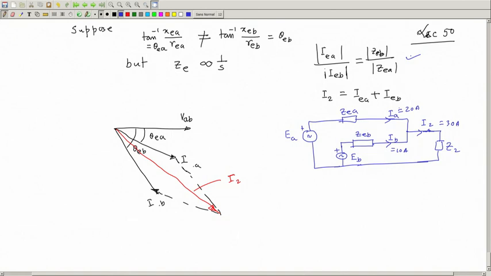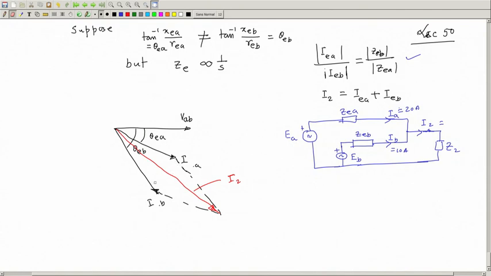The magnitude of I2 will be less than IA plus IB, because they are not in phase. So, when one carries 20 ampere and the other carries 10 ampere, the sum of these two currents cannot be 30 ampere; it will be less than this.